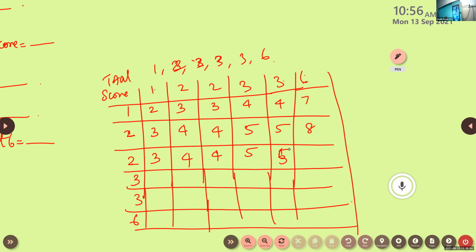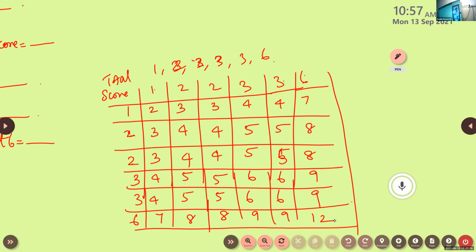Next is 3 plus 1, 4, 5, 6, 9. If you take 6, 6 plus 1 is 7, 6 plus 2 is 8, 9, 12. So the total outcome is 36.